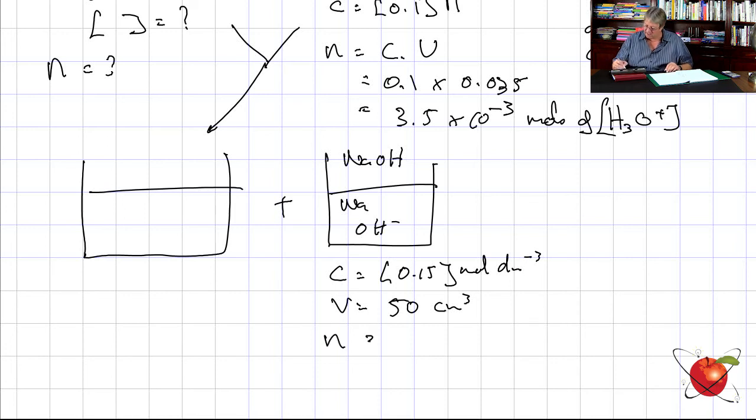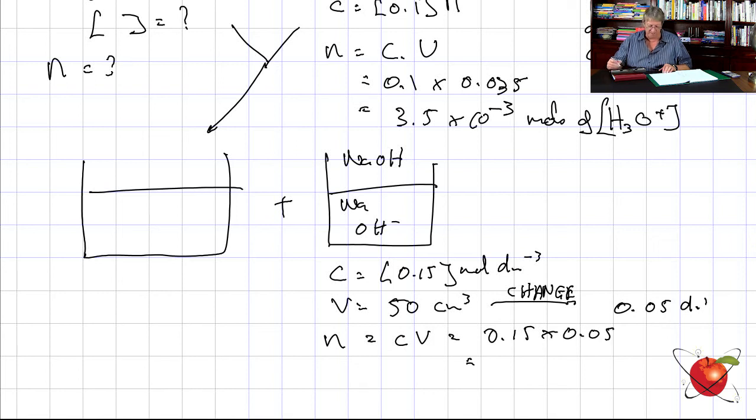So can I work out the number of moles? Yes, I can. It's CV, which is 0.15 times, always change to dm³, 0.05 dm³, which is 7.5 × 10^-3 moles of OH-.